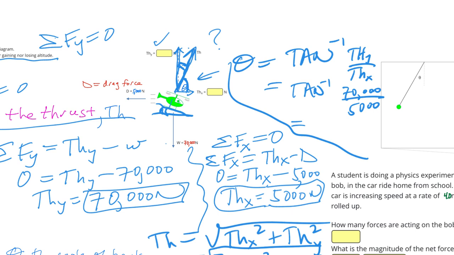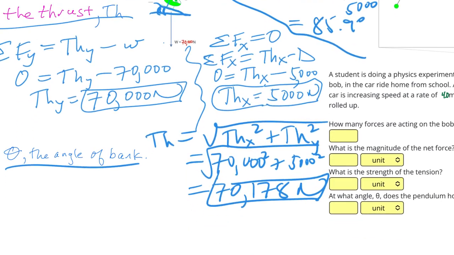I'm getting that angle to be 85.9 degrees. So we just found this angle right here, but this angle is a complement of it. So I gotta subtract that from 90.